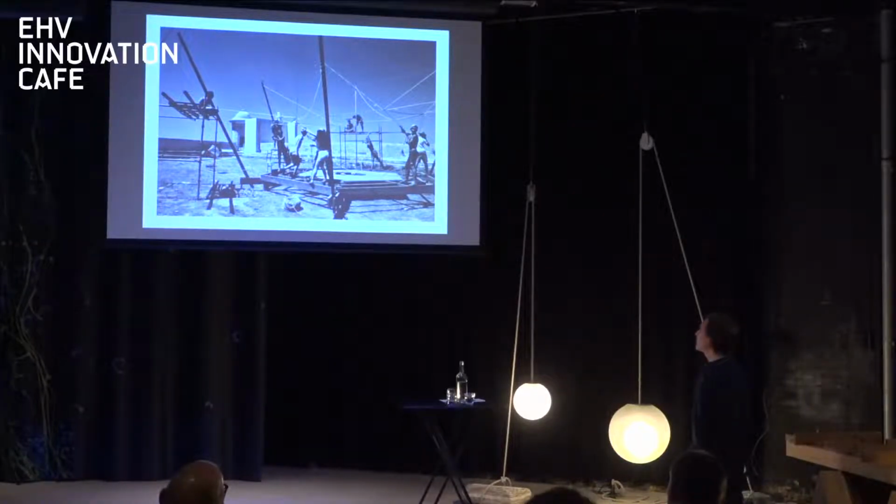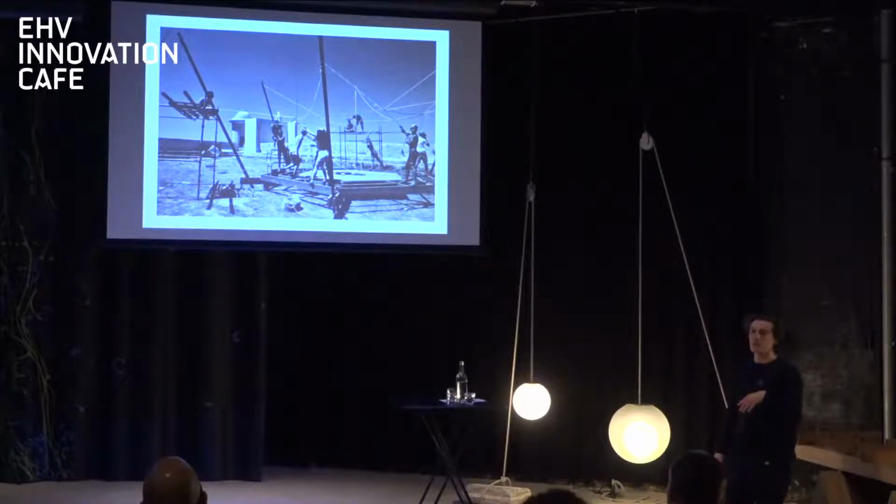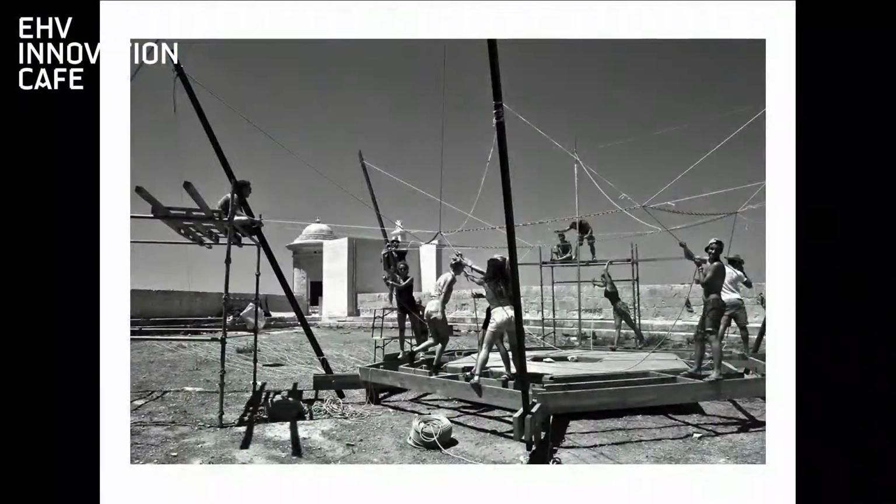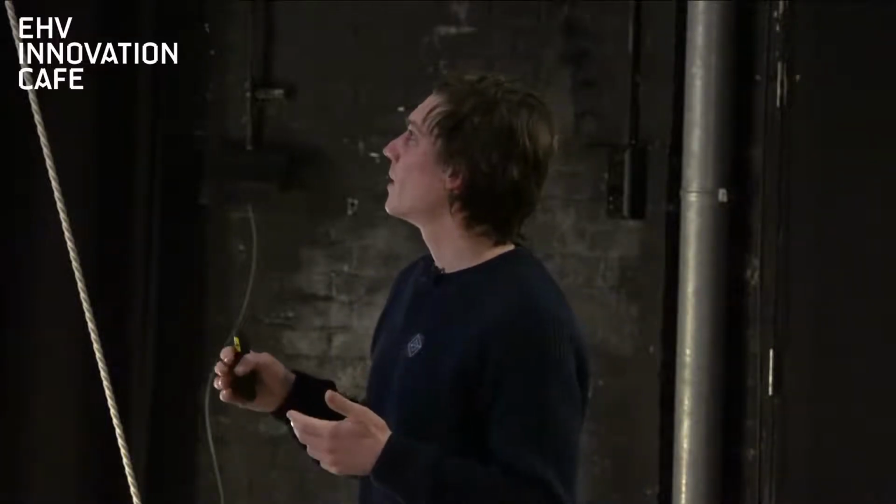It's a really important image to also show the reference to how life is on those ships, and how everybody has to work together to construct pavilions as you work together on a boat.